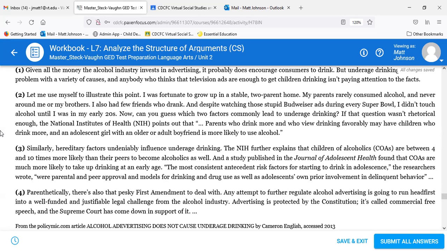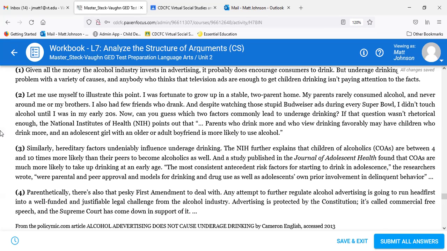The most consistent antecedent risk factors for starting to drink in adolescence, the researchers wrote, were parental and peer approval and models for drinking and drug use, as well as adolescents' own prior involvement in delinquent behavior. Parenthetically, there's also that pesky First Amendment to deal with.